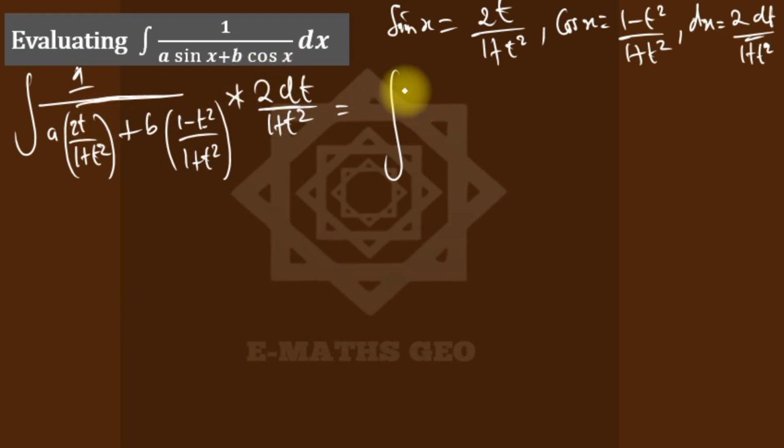We bring out 2. We have 1 over, the LCM of this is 1 plus t squared, so it goes up and we cancel this out. We now have 2 times the numerator, at plus b minus bt squared, dt.